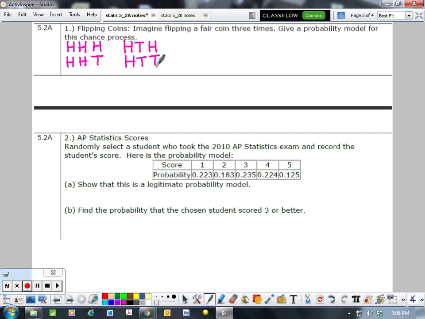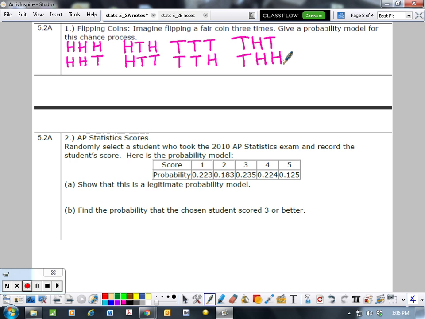Or I could have tails, tails, tails. I could also have tails, tails, heads. I could also have tails, heads, tails, or tails, heads, heads. So these are all my possibilities. Now the idea is if this is a fair coin, I also have to list the probability of each event.